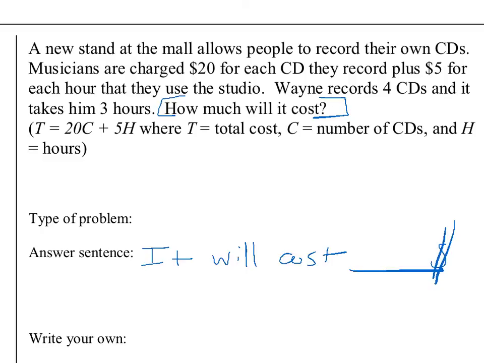I'm going to suggest you should not give me a key word and perhaps find something more along the lines of a key piece of information. Mia. 4 CDs in 3 hours. Those would be important values. I'm looking for a key piece of information that tells me mathematically what I need to do.